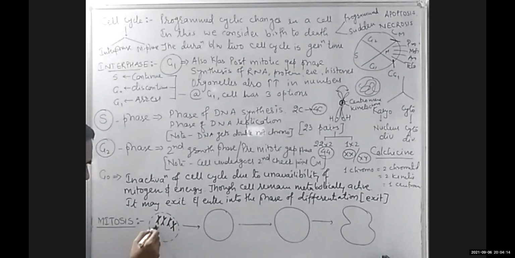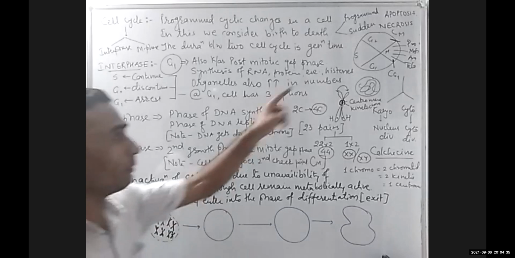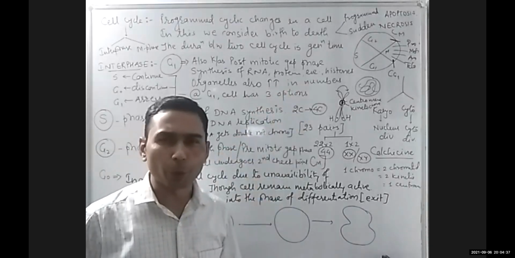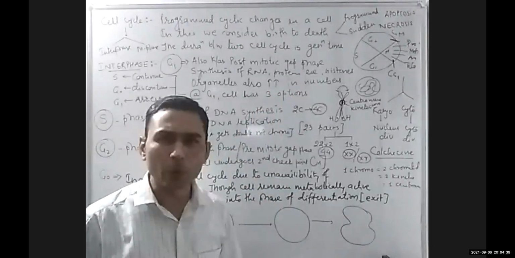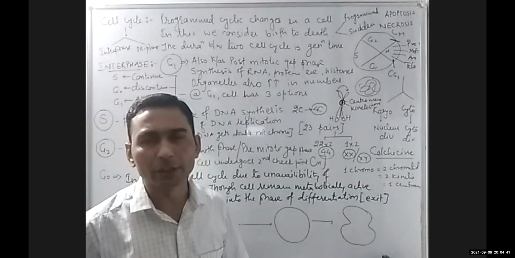So I expect that if it is a human cell, then 23 pairs will be like this. Agree, winners? Yes, sir. Perfect. So if someone asks you the characteristic features of prophase, you must not be afraid of the question.